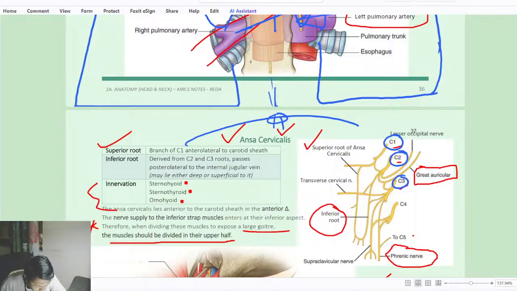Superior root C1, and they innervate sternothyroid and omohyoid, and they give supply from the inferior aspect. That's why the ansa cervicalis lies anterior to the carotid sheath.